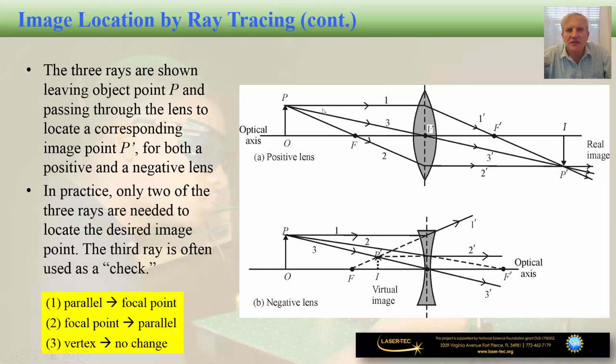To conclude the discussion on the ray tracing method in the case of lenses, again, we have been looking at the three light rays that are shown leaving an object P, and these three light rays are propagating through the lens according to very specific rules that are shown on this slide in a yellow box. And ultimately, after they pass through the lens, they will be moving in certain directions that would create a single point of intersection, either on the right hand side relative to the lens or on the left hand side relative to the lens.